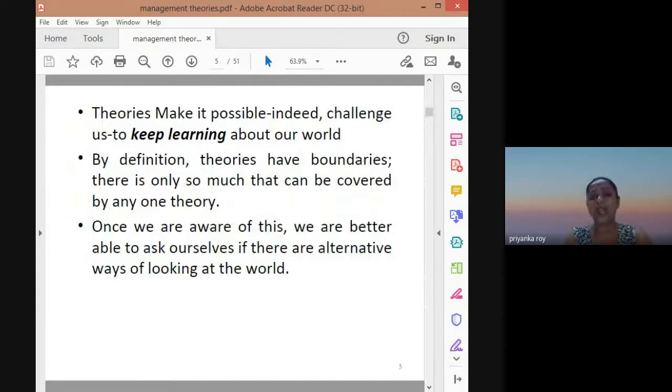They challenge us to keep learning about the world and to define the theories which set the boundaries, since only so much can be covered by any one theory. So once we are aware of this, we are better able to ask ourselves if there are alternative ways of looking at the world.